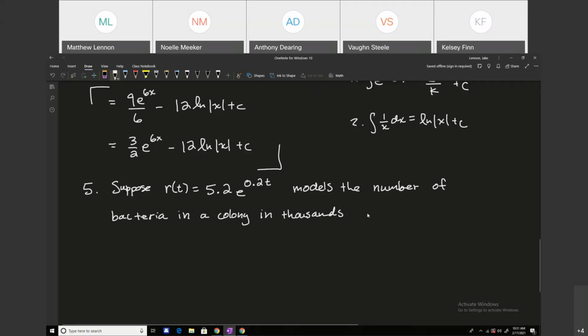Actually, this has to be a rate function. So it models the rate bacteria grow in a colony in thousands per hour.